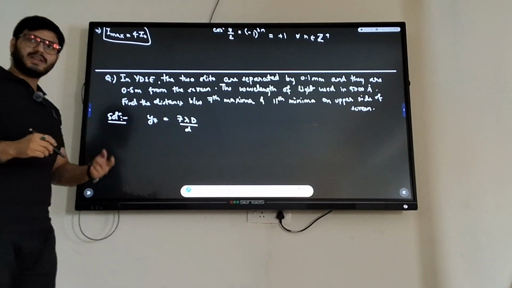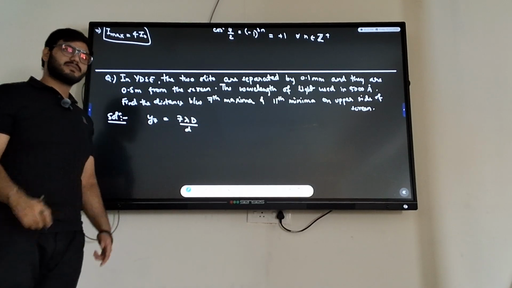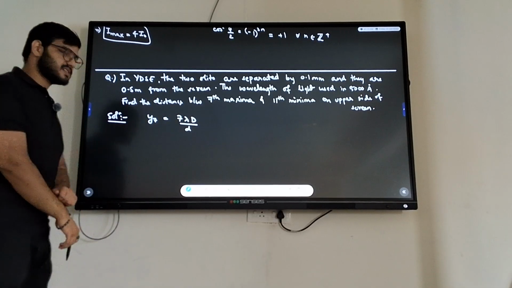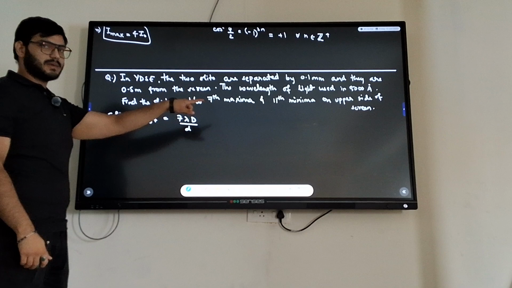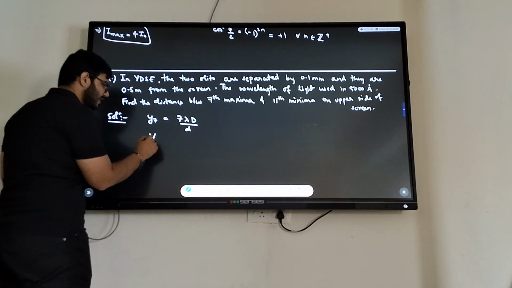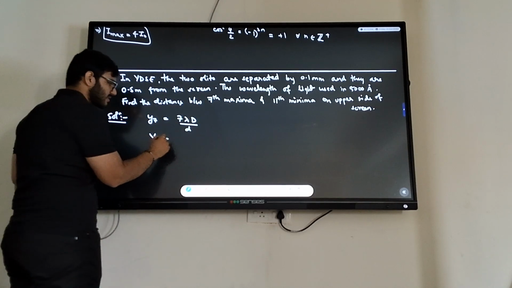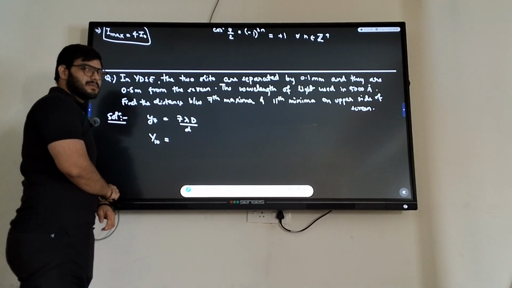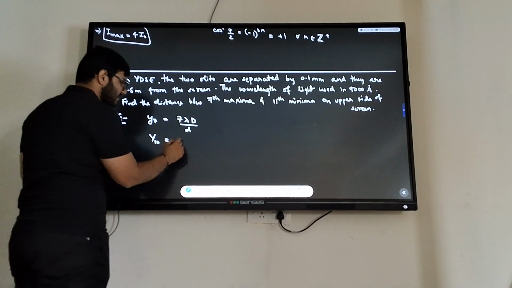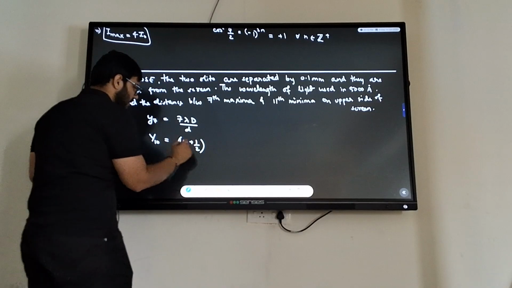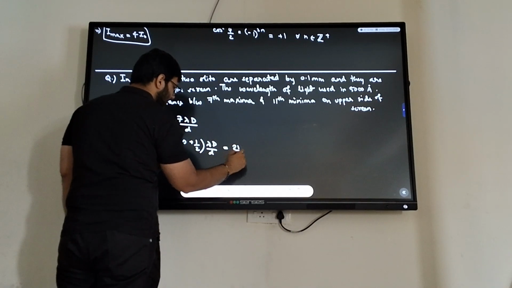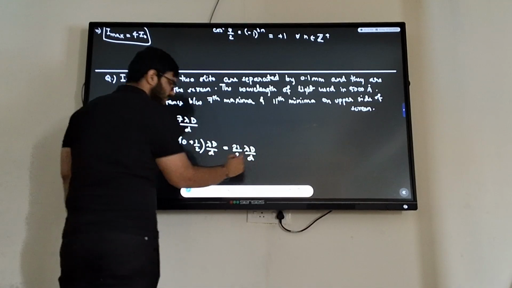अब 11th minima के लिए n starts from where? 0 या 1? 0 से start होता है. तो 11th minima is equal to capital Y10, that's n plus half lambda D by d, so 10 plus half lambda D by small d, and that will be 21 by 2 lambda D by d.